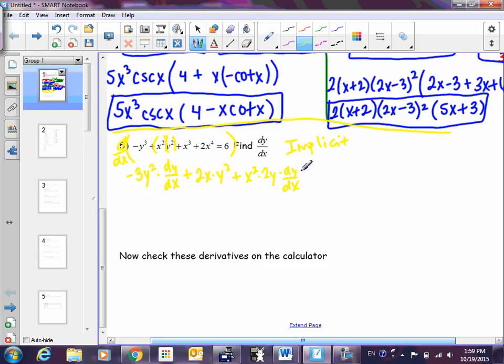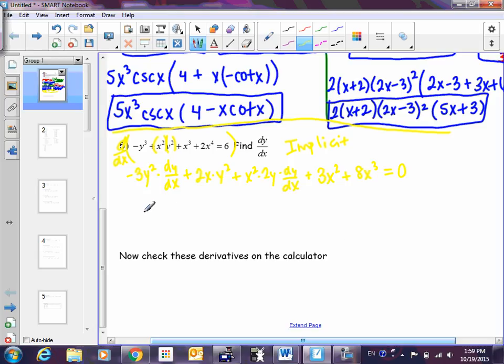Okay, what should be next? Plus, we're to the x cubed, so 3x squared is the derivative, plus the derivative of 2x to the 4th, which is 8x cubed, equals 0.